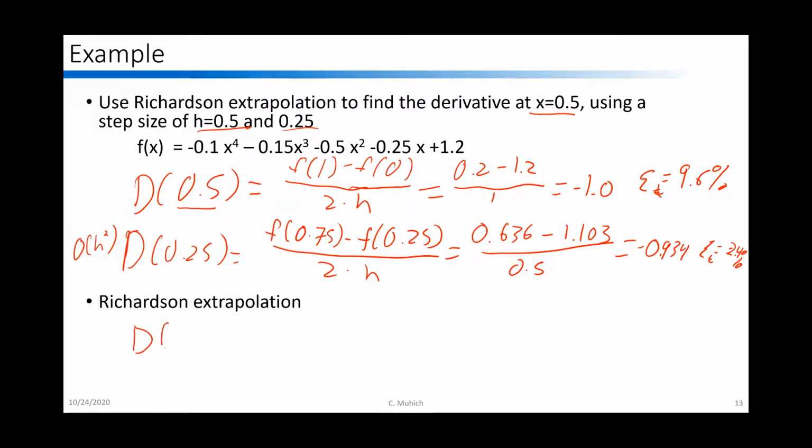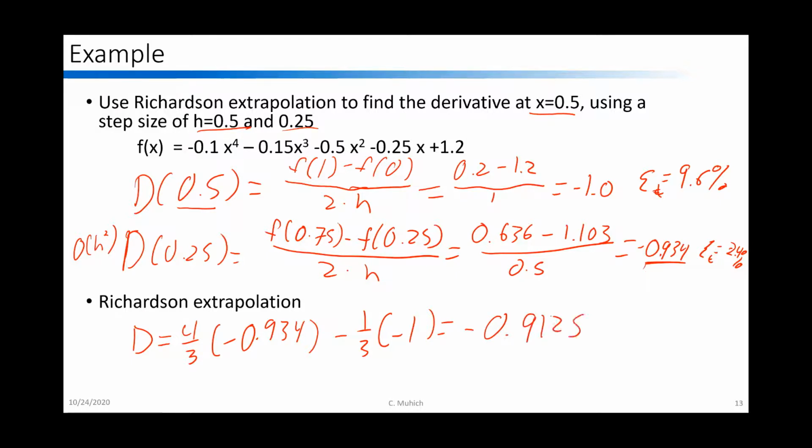So I can go in and say that my Richardson extrapolation estimate is 4/3 times negative 0.934, so this error, minus 1/3, negative 1, and this will give me my final value of negative 0.9125. So we get a very good estimate for that error when I do this Richardson extrapolation.